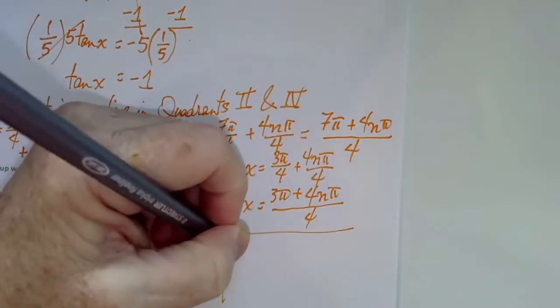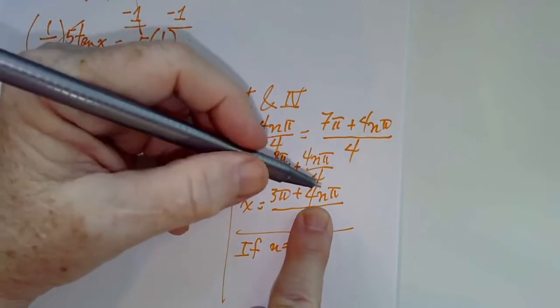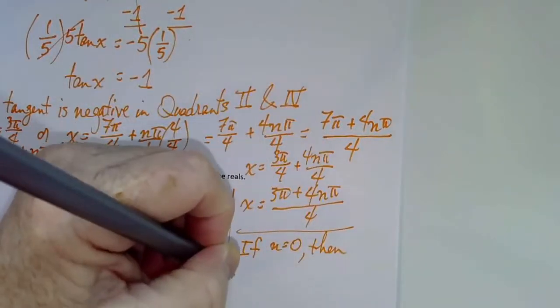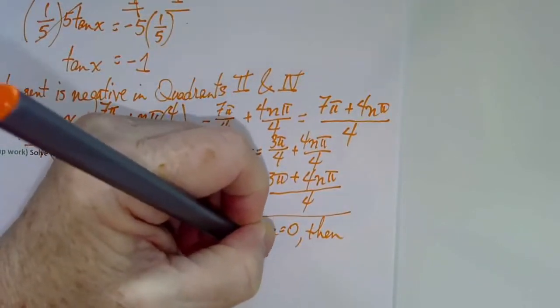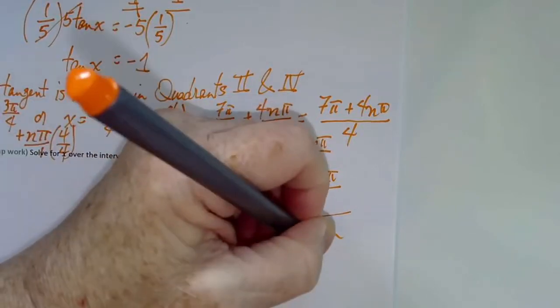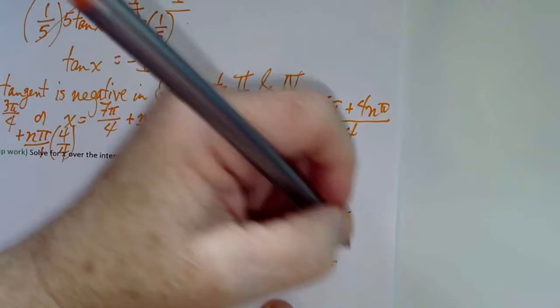If n equals 0, then x equals 3 pi plus 4 times 0 pi all over 4. That'll just be 3 pi over 4.